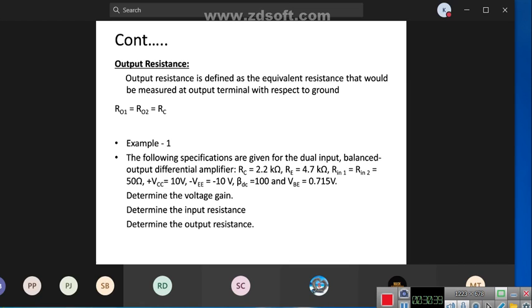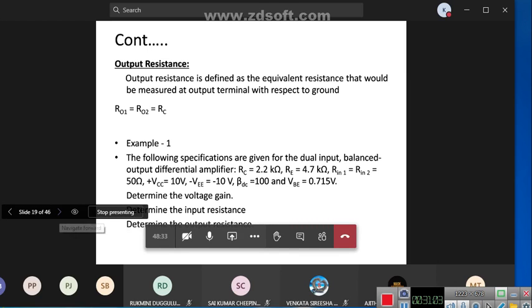For germanium it is 0.3, for silicon it is 0.7 volts. So here determine the voltage gain, the input resistance, and the output resistance. Based on the formulas we have discussed now, we can calculate the voltage gain, input resistance and output resistance.